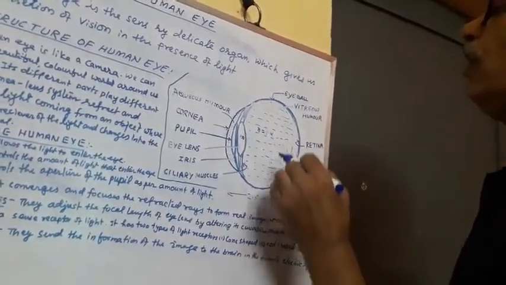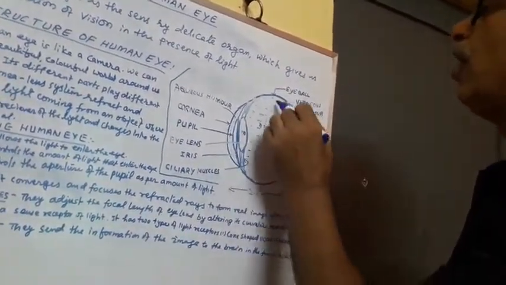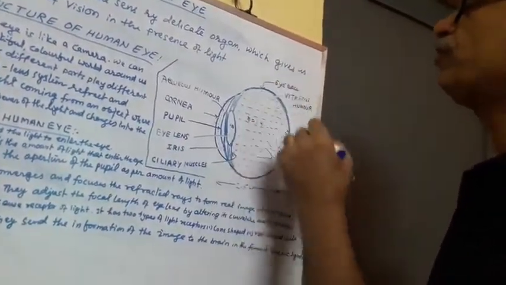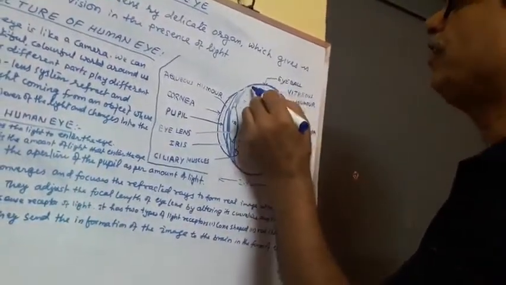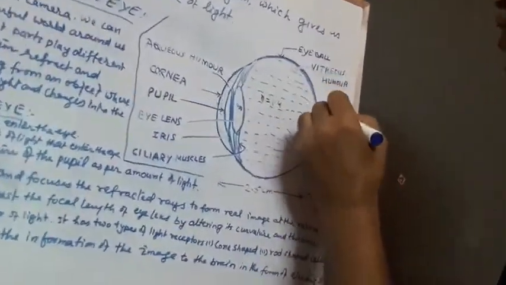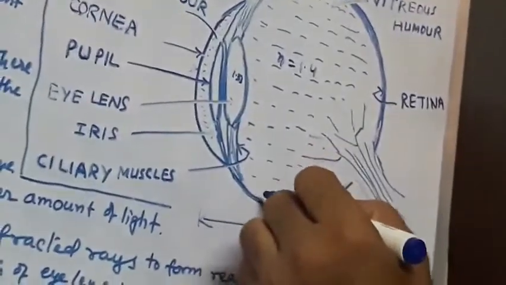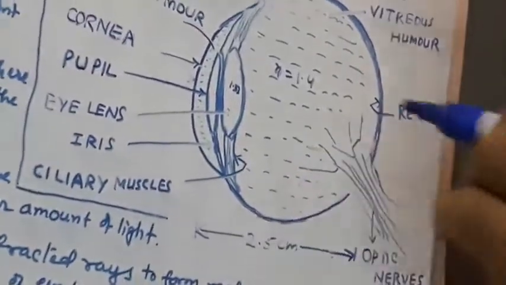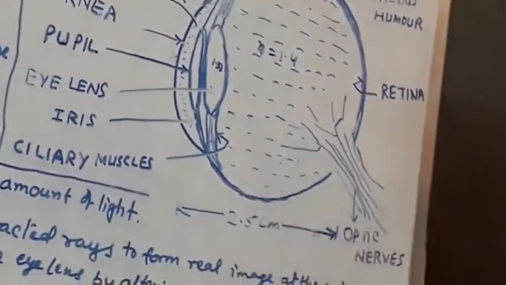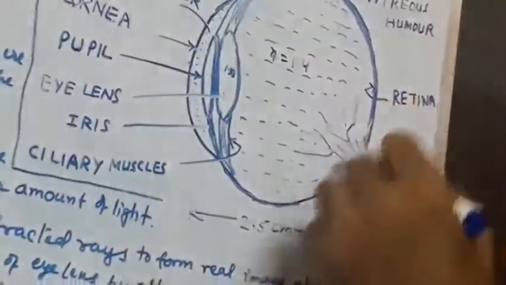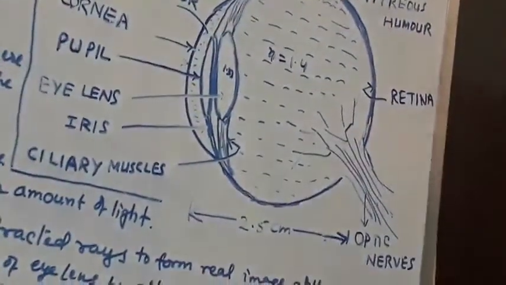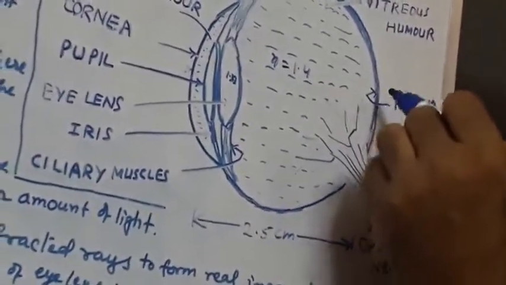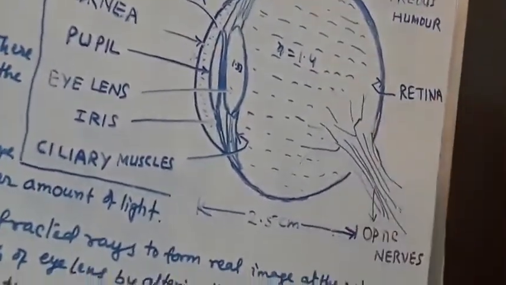Next, the eyeball has the shape of a sphere, and its inner part is covered with a black membrane which does not allow reflection of the light from any part of the eye, and hence we get a very sharp real inverted image at the retina.